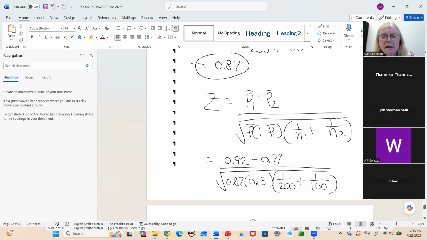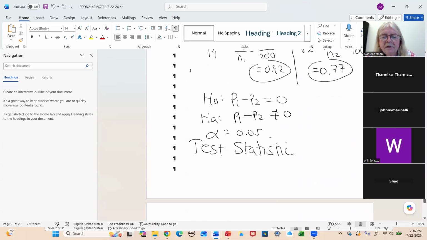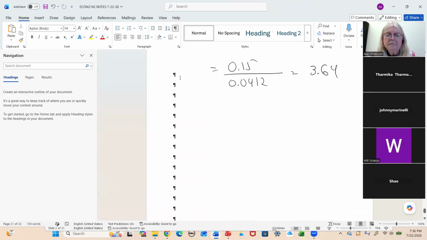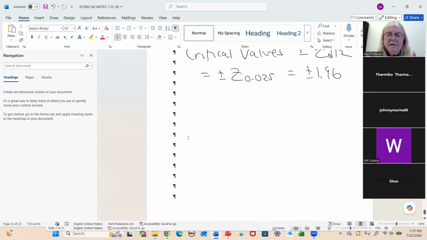Now, this one is a two-tailed test and an alpha of 0.05. And we saw one of the earlier problems. We don't have to look this up again because it's just 1.96. We had that earlier tonight.